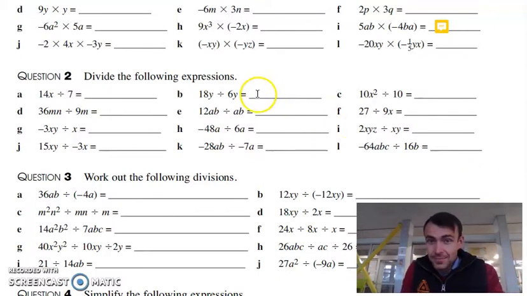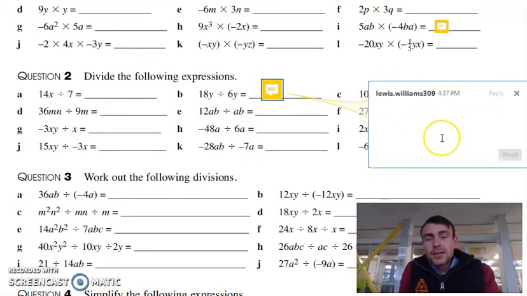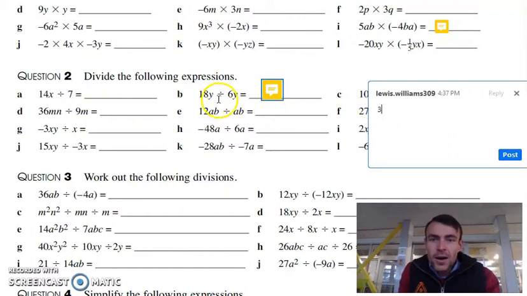What that means is, like this one here, if I have 18y divided by 6y, well, that means I do my 18 divided by 6 on the calculator, and I'd get 3. And that's going to be 3 times whatever y divided by y is. So if y is divided by y, anything divided by itself is 1.